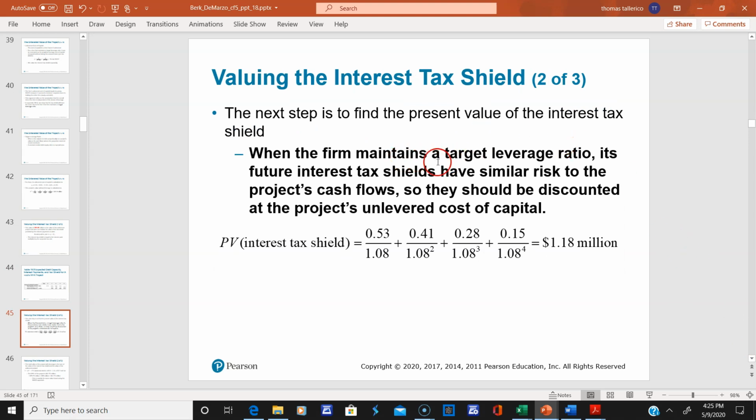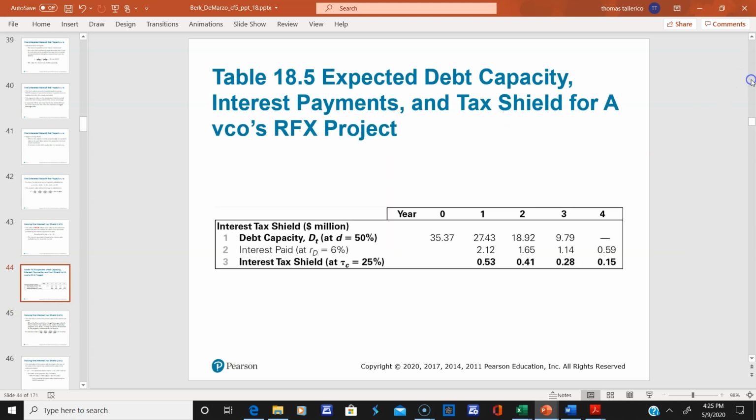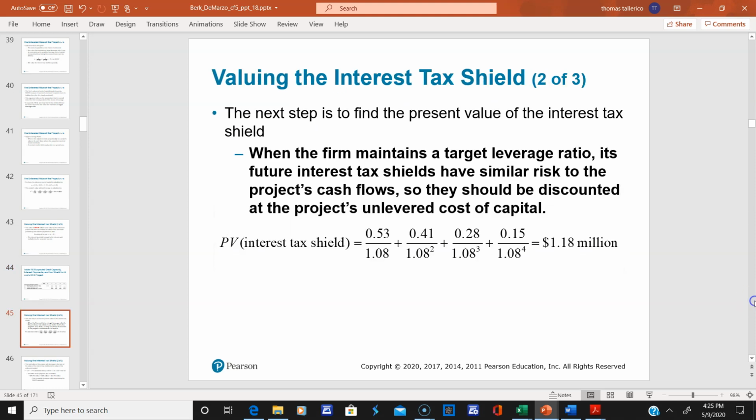Now we have to get the present value of the interest tax shield. Here's the debt capacity, and here's the unlevered cost of capital.